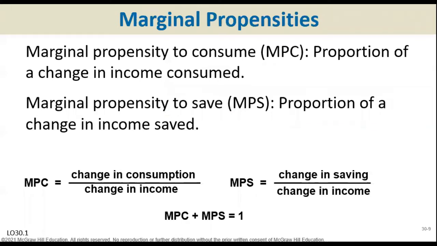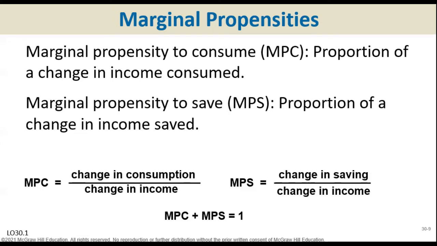Now that we have defined the concept of average propensities, let's talk about the marginal propensities. The marginal propensity to consume, MPC, is the fraction or the proportion of any change in the income that is consumed. So here we talk about change in the income. What is the impact of that change on the consumption?